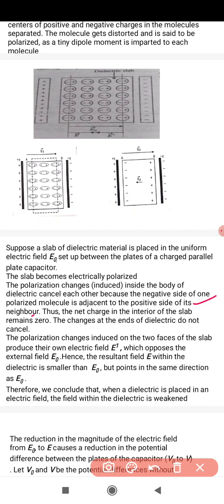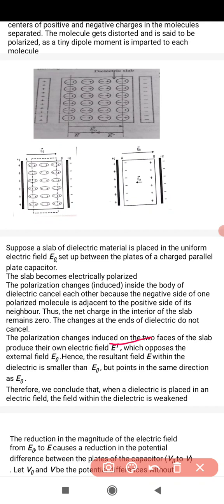Thus, the net charge of the interior of the slab remains zero. This means positive and negative charges adjacent to each other cancel, but the total dipole moment of the dielectric material does not cancel.